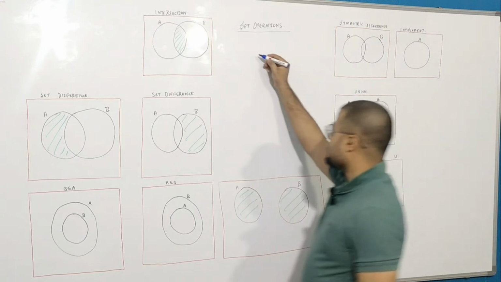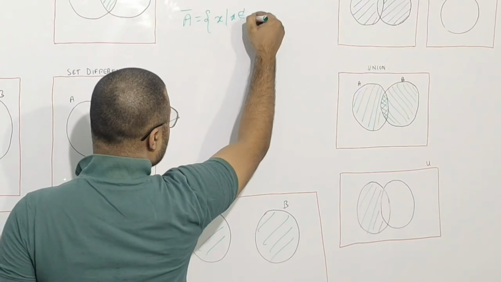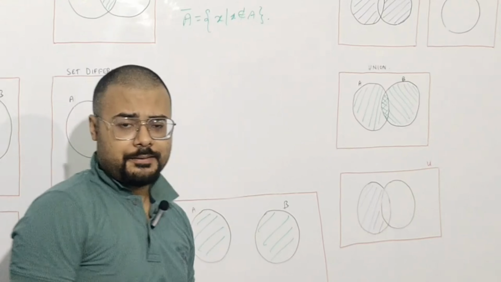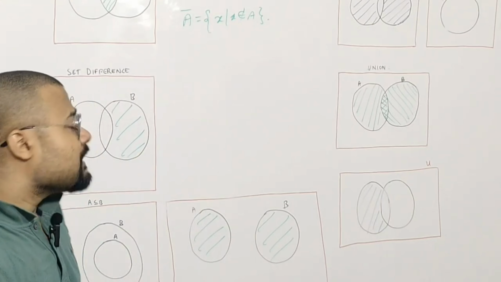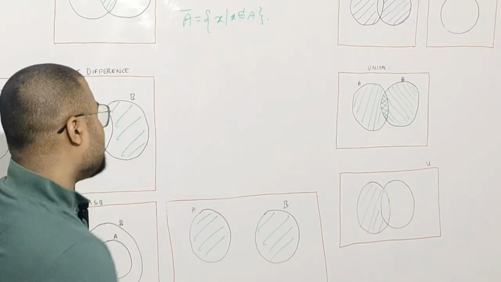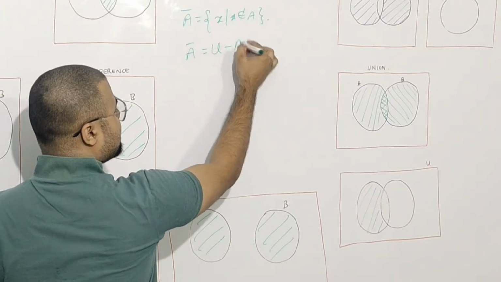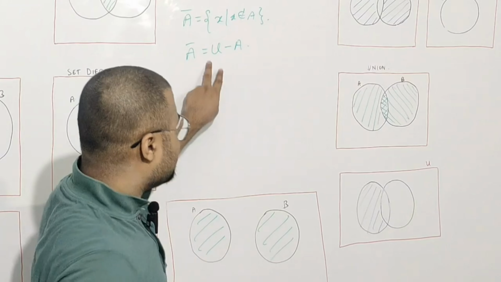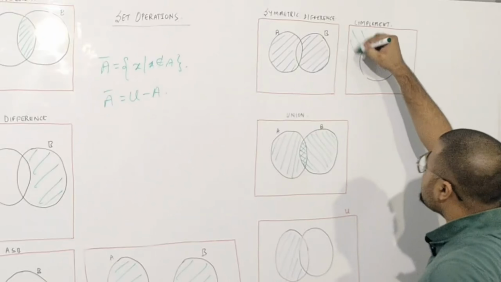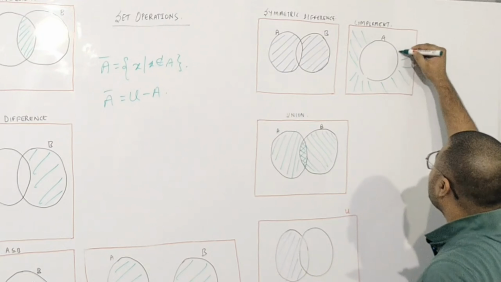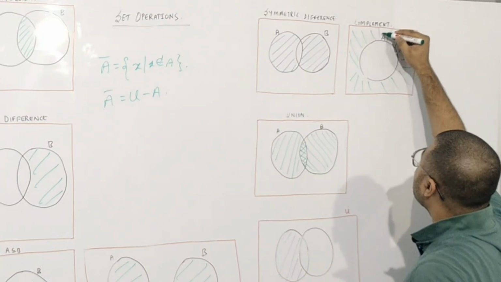A complement is equal to all the elements x such that x does not belong to A. So clearly, A complement is equal to the universal set minus A. A complement is all of this region, apart from A, everything.